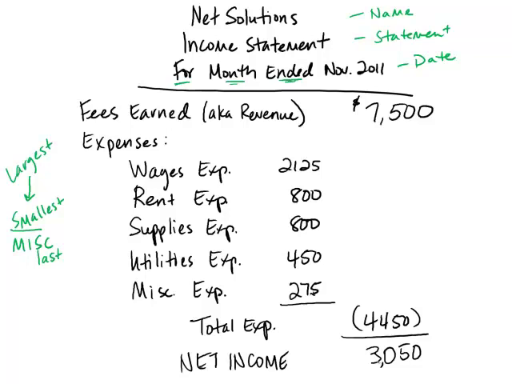So, we can check ourselves. 3050. Okay, so we got fees earned minus expenses. So revenues minus expenses gives us net income of 3050. And we've got to remember that number because we're going to use it on the statement of owner's equity. Any questions about the income statement? No cash on here, no supplies, only revenues and expenses. You're minusing 4450 from 750, right? 7,500. I'm 7,500. Okay. Yep.